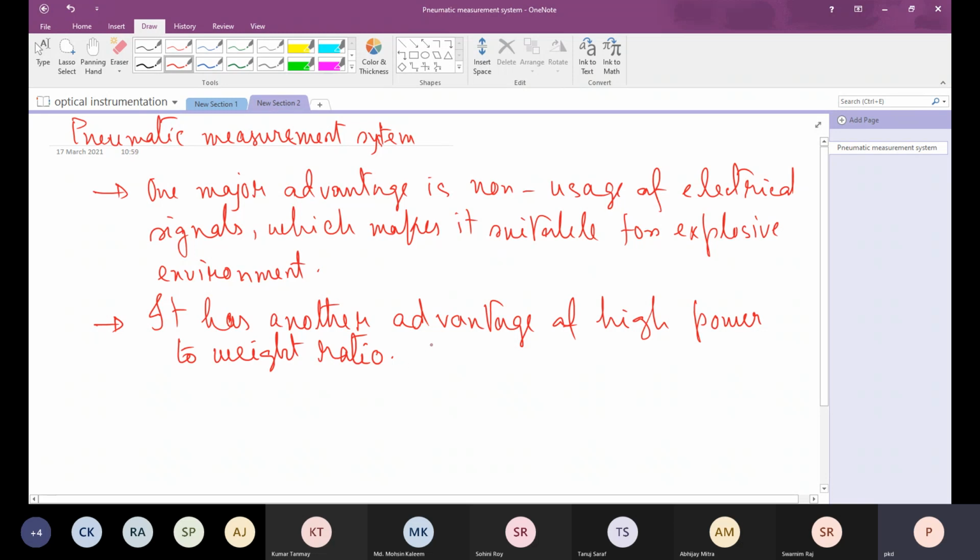So if I use a hydraulic or pneumatic motor, the power carried, or force exerted, by that actuator is more for the same weight ratio. So this is the second advantage. But it also has a lot of disadvantages. The major disadvantage is leakage and maintenance.